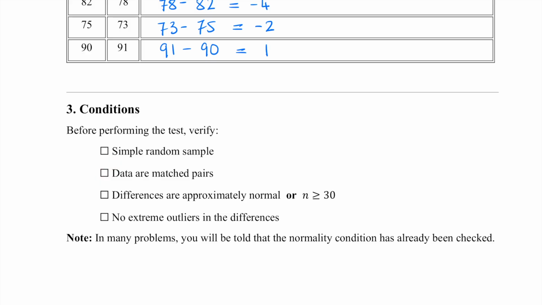Third, the differences should be approximately normally distributed, or the sample size should be at least 30. Notice that we are checking the differences, not the original data. Finally, there should be no extreme outliers in the differences. In many textbook problems, you will simply be told that the normality condition has already been checked.